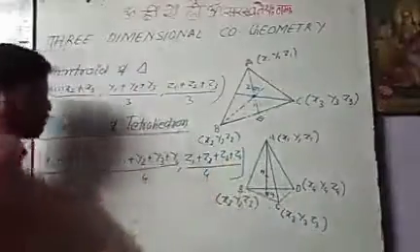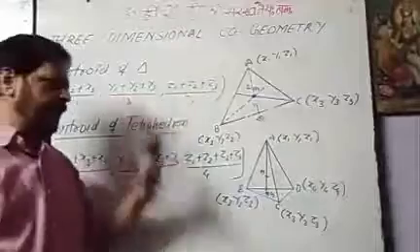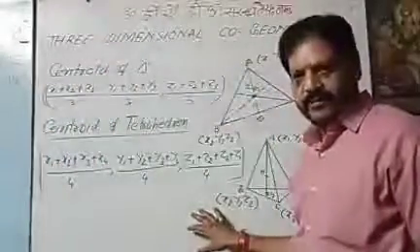So these are the two formulas to find the centroid of a triangle and the centroid of a tetrahedron. Clear? Now see.